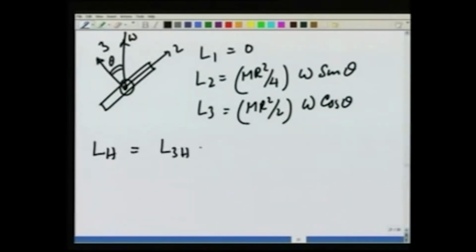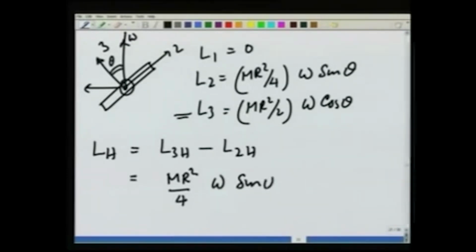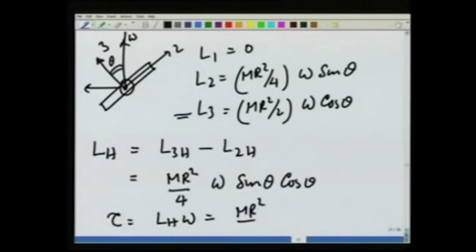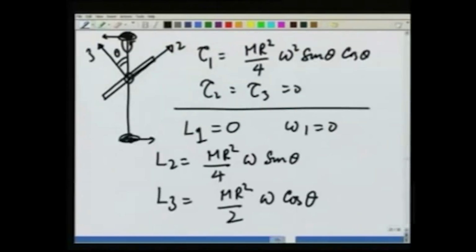So L horizontal is going to be L3 horizontal minus L2 horizontal in this direction. You can see L3 is greater than L2, and this comes out to be mr square over 4 omega sine theta cosine of theta. Tau, that is the change in L, is going to be LH times omega, which is going to be mr square over 4 omega square sine theta cosine theta, which is the same answer that we obtained earlier.